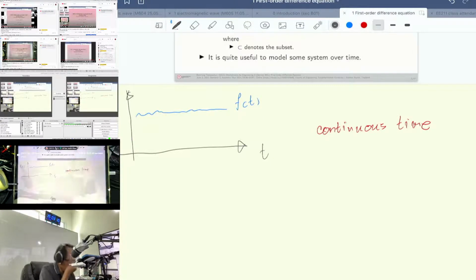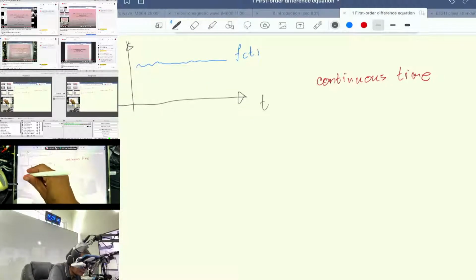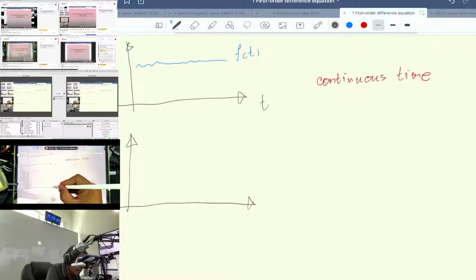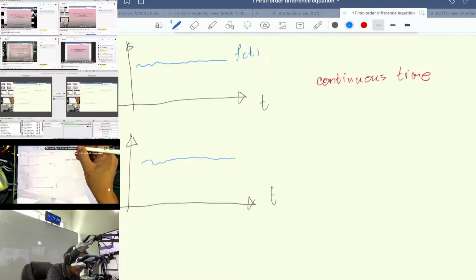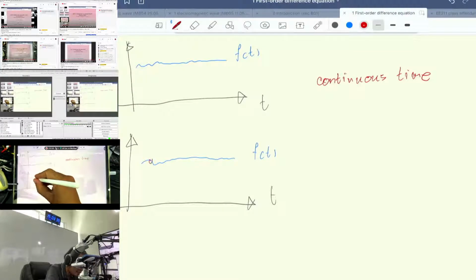But for discrete time, you have also again f, but if it is f(n), same function, have also the same thing, but now it's not somehow like that. Okay, this is f(t), but the value we can keep is somehow like this. We don't have the blue line, we have only the red line.